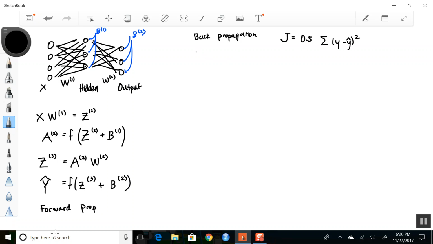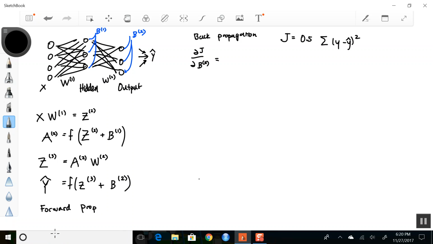We'll just start with taking the partial with respect to the second bias matrix, because this will give us our outputs y hat.